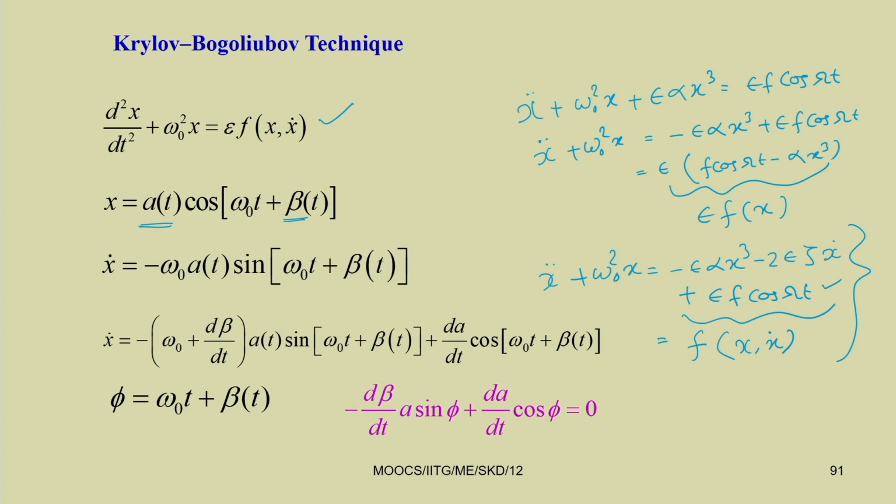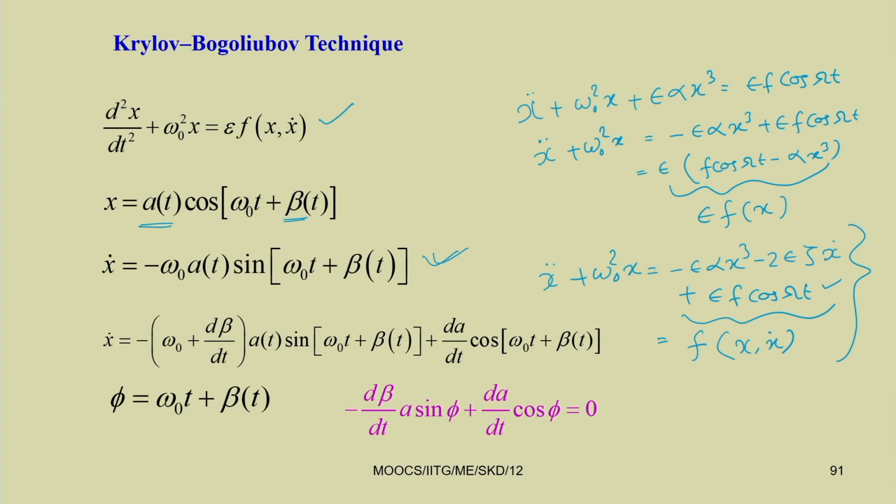Another assumption we have to take is that this x dot should be in this form, that is a t into minus omega 0, as it is cos, then differentiation becomes minus omega 0. So, that is minus omega 0 a t sin omega 0 t plus beta t.